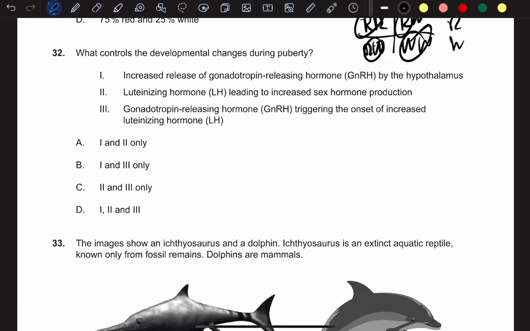What controls the developmental changes during puberty? Increased release of GnRH by the hypothalamus, luteinizing hormone leading to increased sex hormone production, GnRH triggering the onset of increased luteinizing hormone. Nice question. It's quite difficult though, because it's to do with these hormones that have multiple purposes, right?